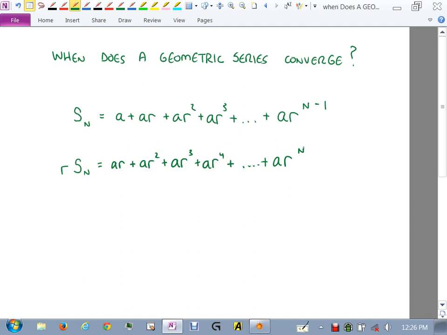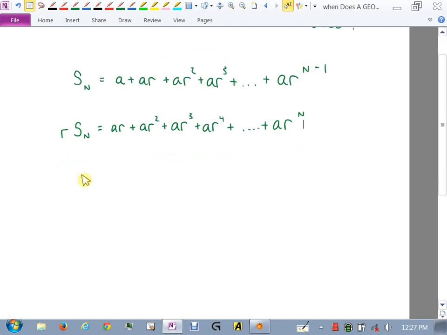It was n minus 1, but then you're adding an r in there, so it'll be just AR to the n. Agreed? Now I'm going to do something even more unnatural. I'm going to take this sum, and I'm going to subtract this from it. Why? I don't know.